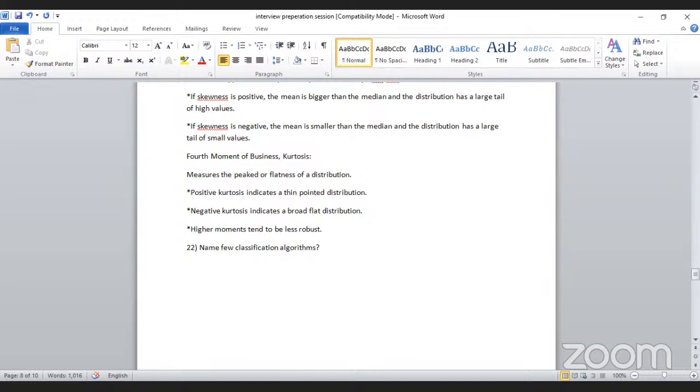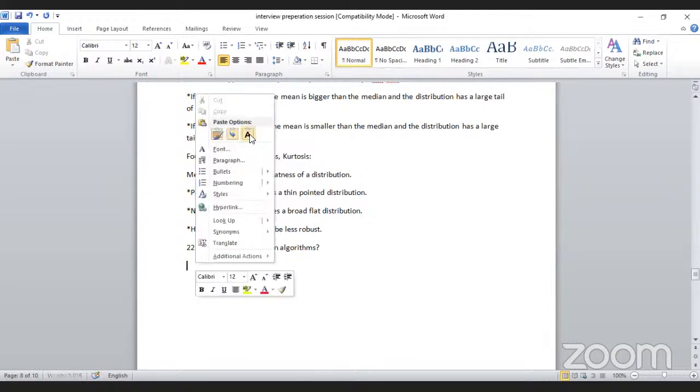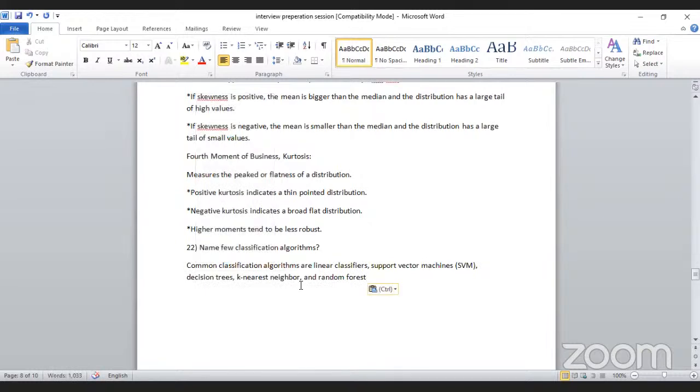Bayes, KNN, yes. Some common classification algorithms we have are linear classifiers, SVM, decision trees, KNN, and random forest.